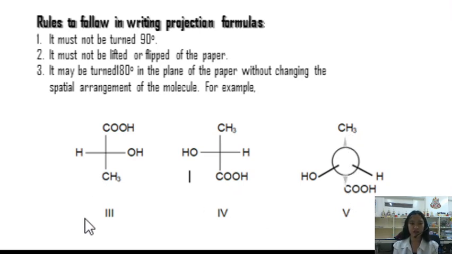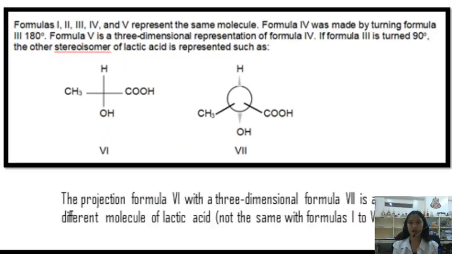So you have now structure 4 and structure number 5. Okay. So formulas 1, 2, 3, 4, and 5 represent the same molecule. Pare-parehong same molecule lang sila. Ano lang ang nangyari? You just rotated that by 180 degrees. But that is still the same molecule. Now, what happens if you rotate that molecule by 90 degrees?